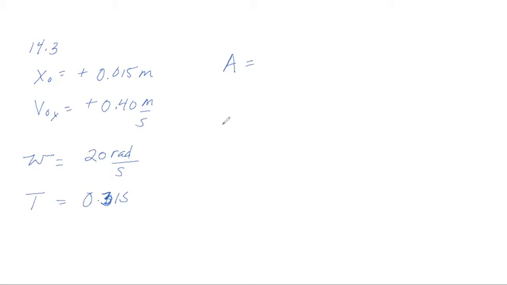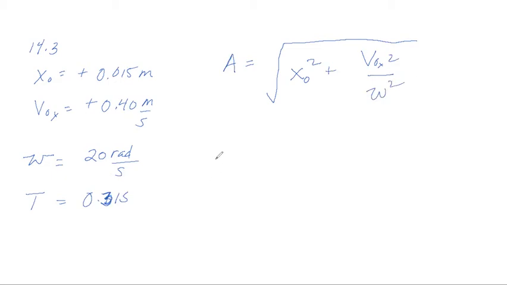So the amplitude equals the square root of x naught squared plus v naught x squared divided by omega squared.